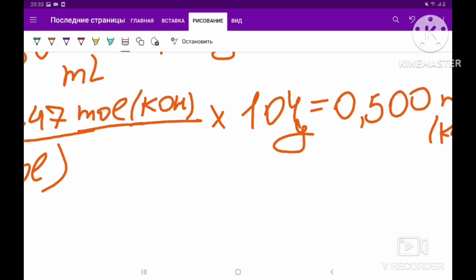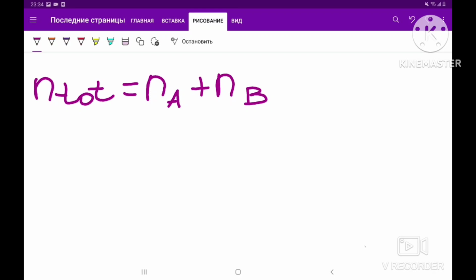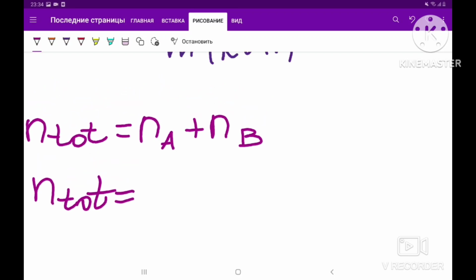Now let's find the total number of moles of potassium hydroxide. So the total number of moles is the number of moles in A plus the number of moles in B. Let's find it.